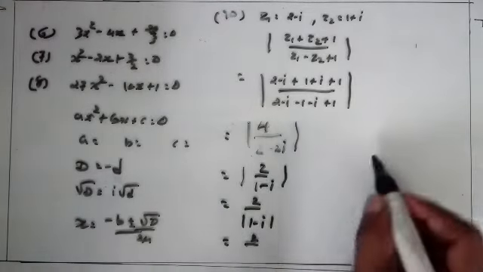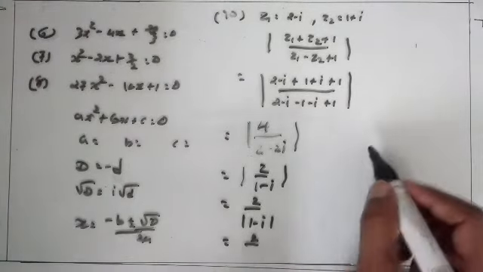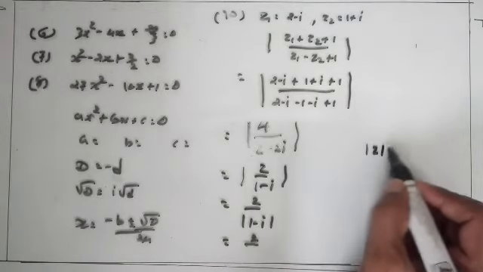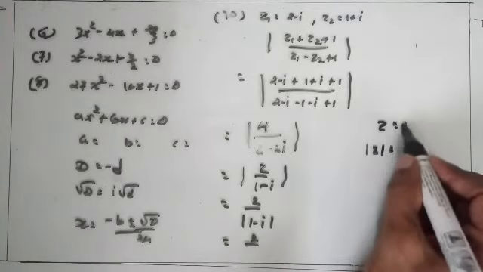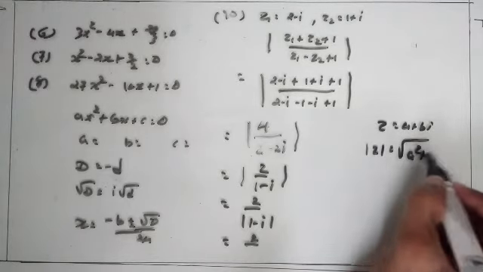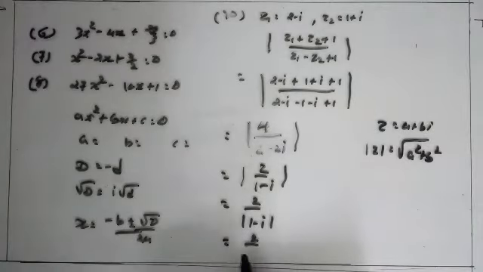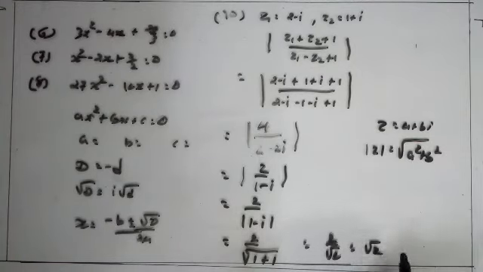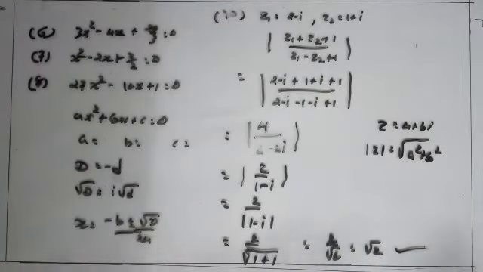We know that if z = a + bi, then mod of z = √(a² + b²). So √(1² + (-1)²) = √2, giving 2/√2. Here 2 is √2 times √2, one √2 cancels, and we get √2. Clear? So this is the answer.